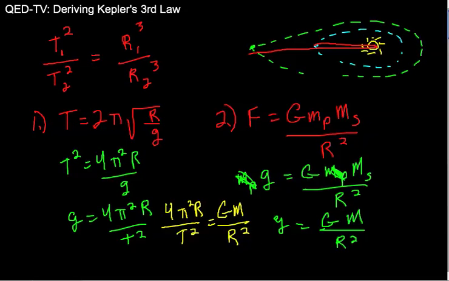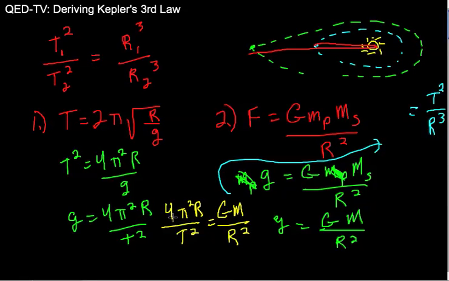And you can see here that if I take the T squared up to the top side, I'll do that over here, running out of room. So if I take the T squared up to the top side, and I take this r down to the bottom side, I'm going to get T squared over r cubed, which looks pretty familiar.